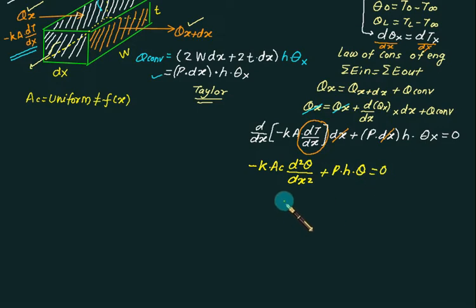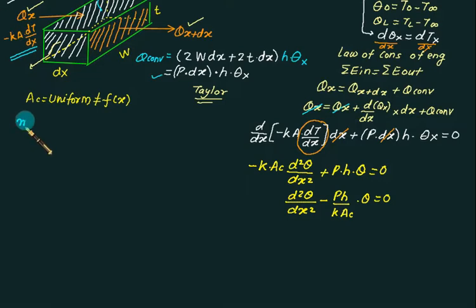So we want to rearrange this in a standard form. We'll adjust the minus sign first. We'll get d square theta by dx square minus of P into h divided by k into AC into theta equal to 0. Now we'll introduce one term so that it becomes a standard homogeneous equation.